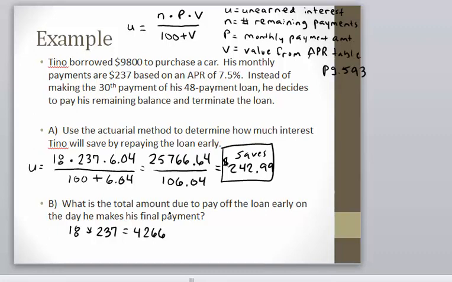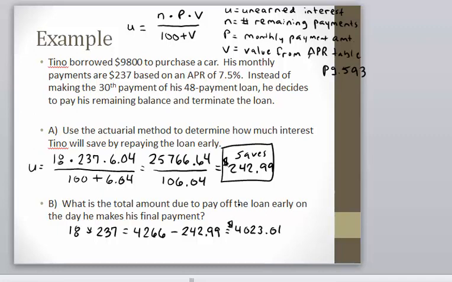for principal. Now keep in mind that as he pays this off early, he's going to have a savings in his interest. So I'm going to subtract the $242.99. This is his savings in interest. Leaving us a balance of $4,023.01.